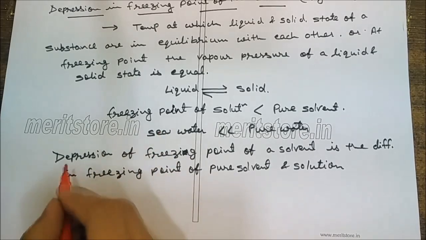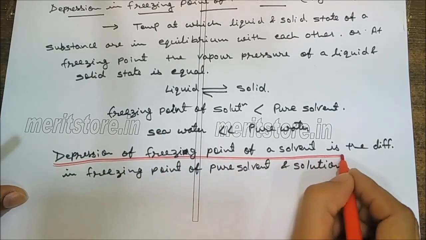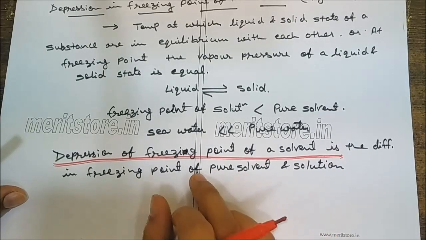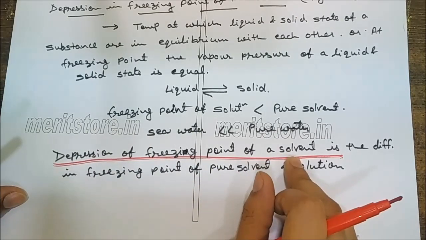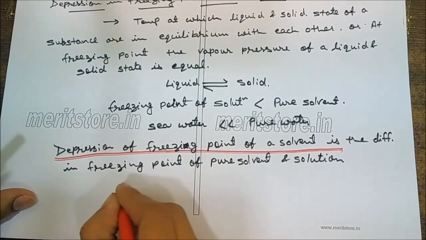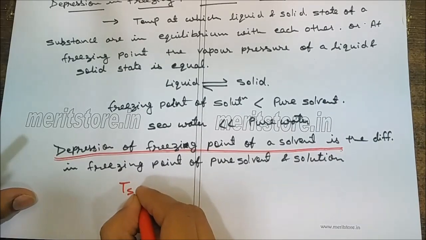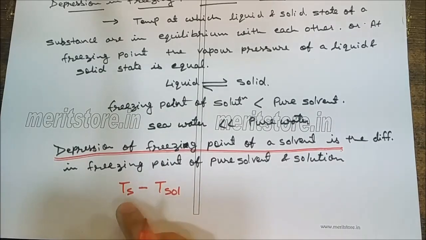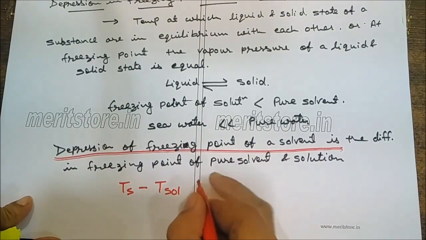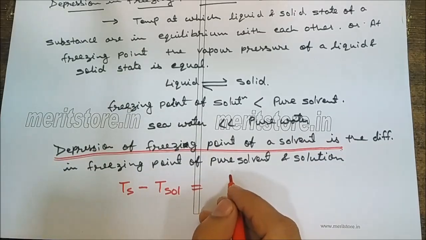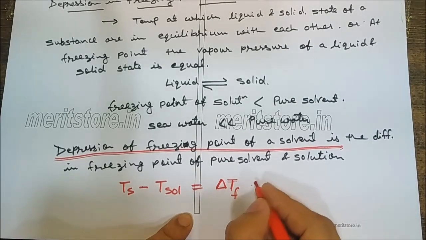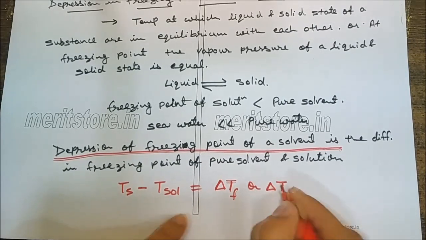So this difference between the freezing point of pure solvent and its solution is called depression in freezing point of a solvent, and we can measure it by T of solvent minus T of solution. This is the freezing point of solution, this is the freezing point of pure solvent, and the difference of these freezing points will be equal to depression in freezing point of a solvent, that is ΔTf, or we can write ΔT.